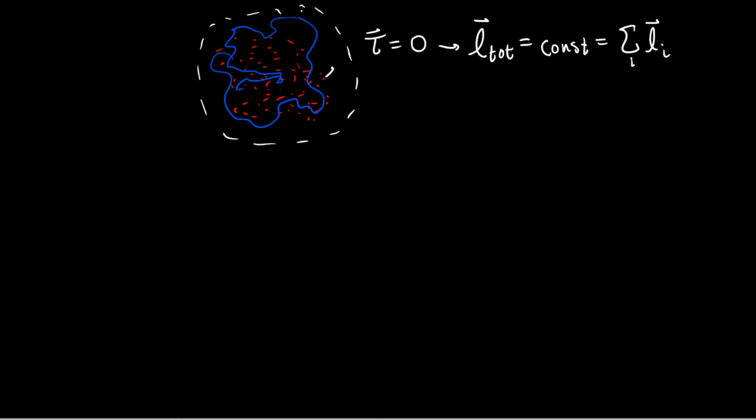So this one might be pointed in that direction, that one there, whatever it may be. All of these are going to have some angular momentum pointed in different directions. But the important thing is that I have a single angular momentum direction that is conserved.